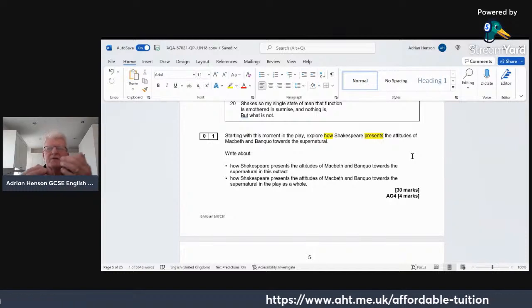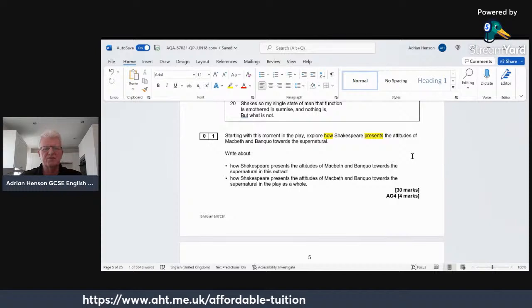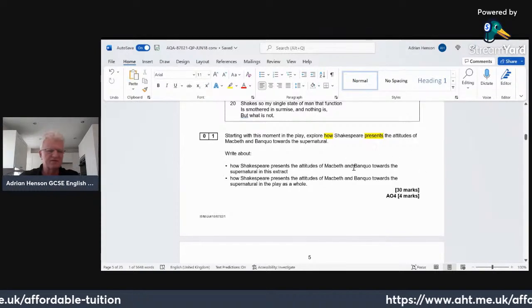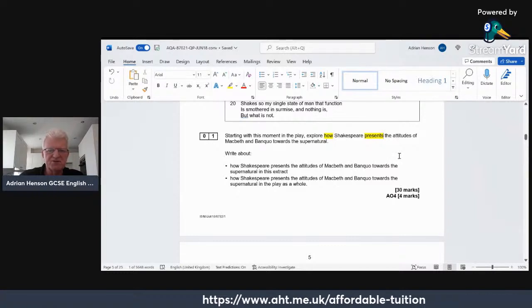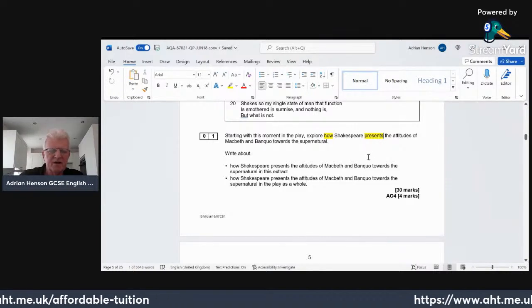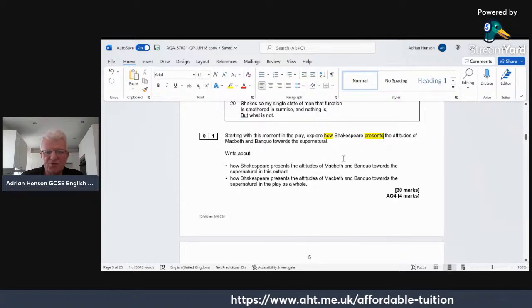Now, when the question how is asked, it means, how does Shakespeare present those characters or those attitudes? Well, there's only two ways. It's the way that Shakespeare creates each scene in the play, and to do that will create structural elements, which will mean the tone and mood.